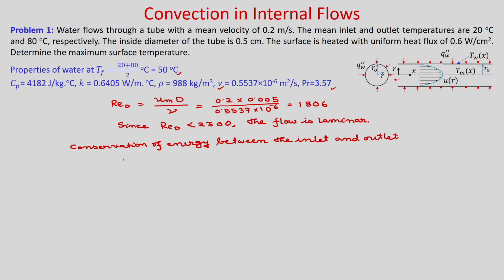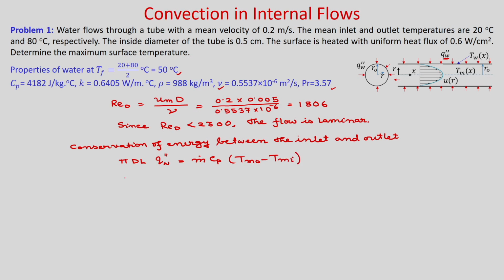Okay. You can see, if q double prime w is the heat flux supplied at the wall, the total heat transfer is pi D L, the heat transfer area, into q double prime w, which is equal to m dot Cp into Tmo minus Tmi.